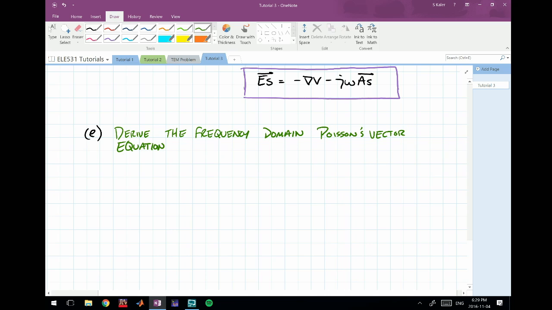It's probably what most people are thinking. And I'm sure he's done this in class as well. Most people probably fell asleep doing it. And state the frequency domain Lorentz condition.